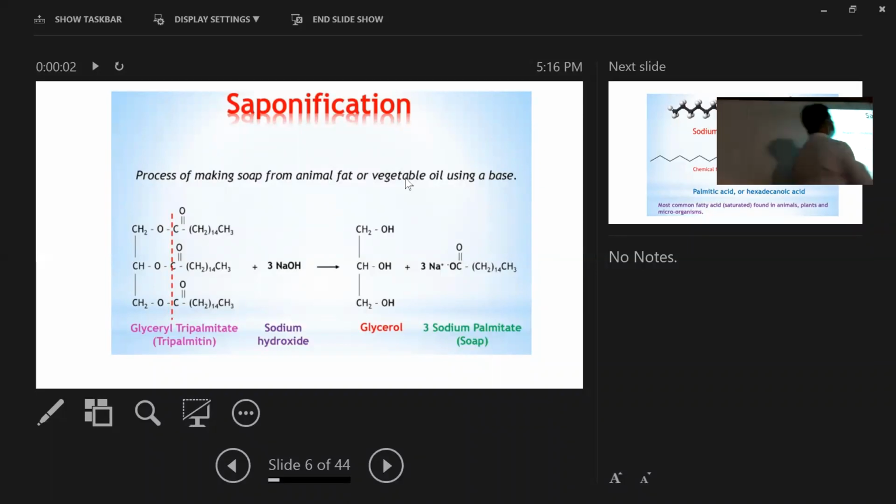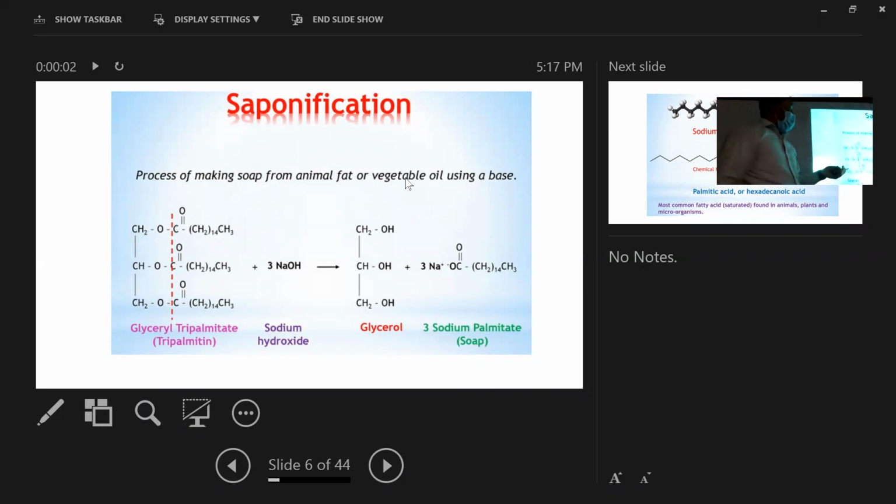Previously, I have shown you that slide. Saponification. Do you have the idea what is the meaning of saponification? Anyone who is online, do you know the meaning of saponification? Oh, already I have it on the display. So, just how we can prepare the soap, the process of making soap, that is called saponification. It is the process of making soap from animal fat and vegetable oil using a base.